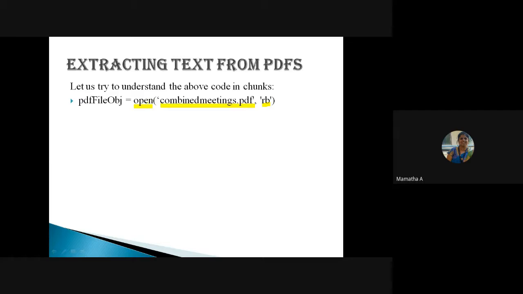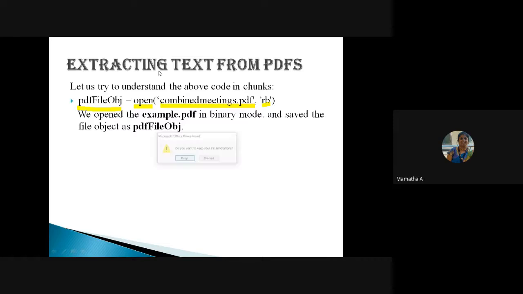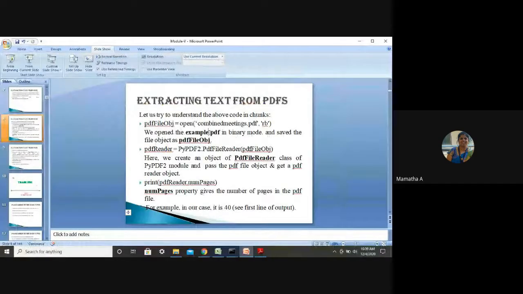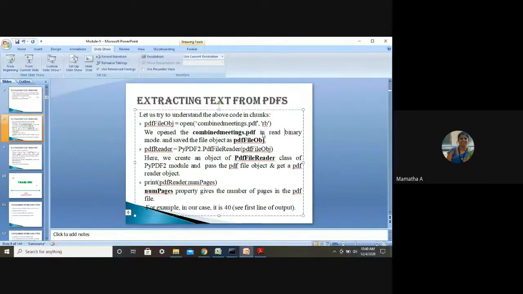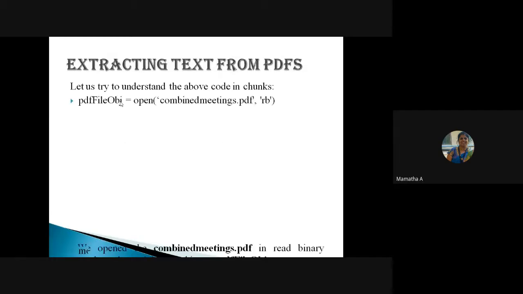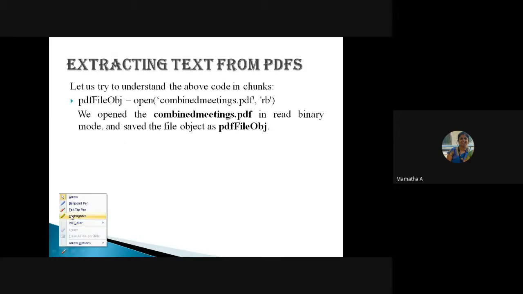So you have to open the file, and whatever file is being opened, you will store under a name called pdfFileObj. Okay. We open the file combined meetings.pdf in read binary mode and save the file object.